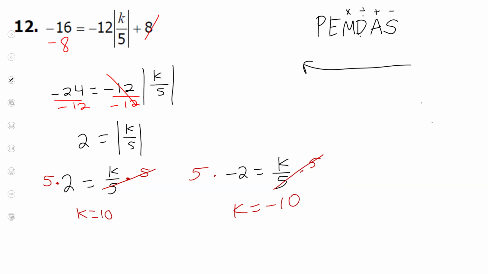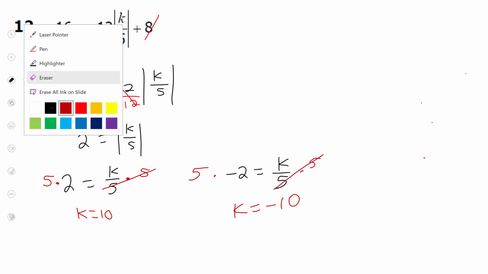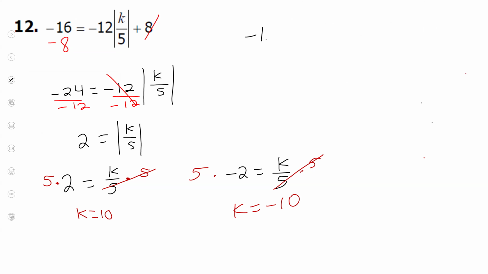Now, we always need to check for extraneous solutions. So I'm gonna write the original problem up here. Okay, the original problem was negative 16 equals negative 12 times the absolute value of k over 5, plus 8. I'm gonna plug in a 10 and let's see if it works.